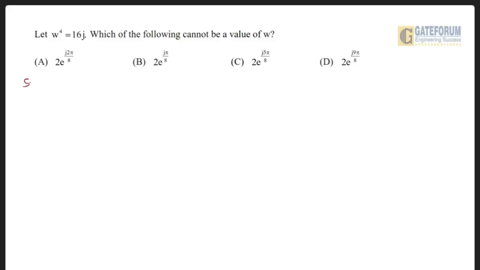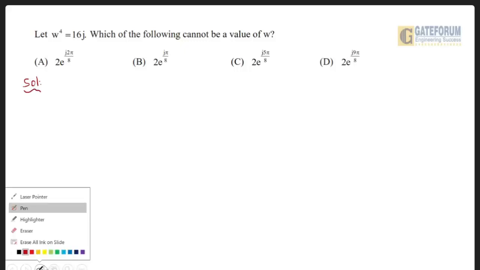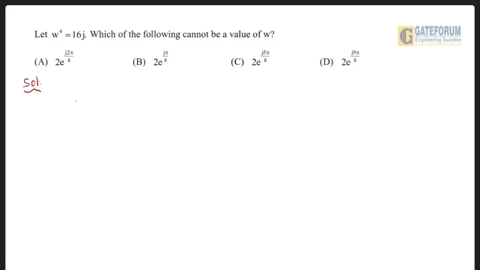Now the solution. Given w power 4 is equal to 16j, this implies w is equal to 16j whole power 1 by 4. j is an imaginary number.